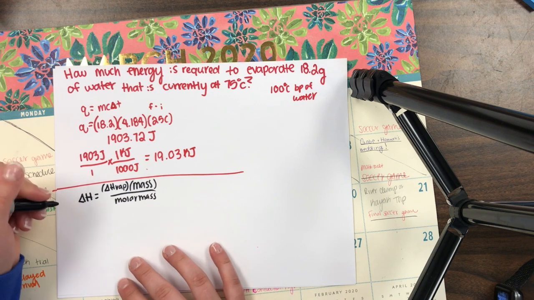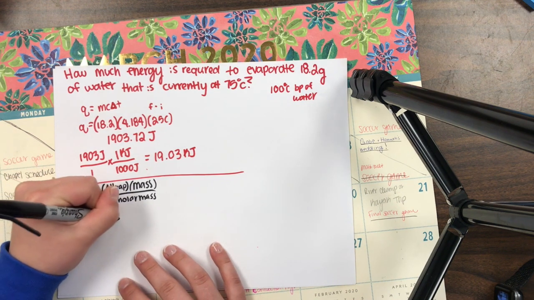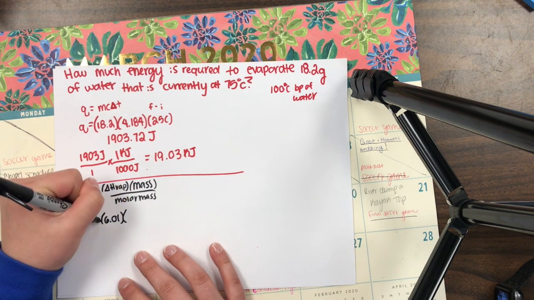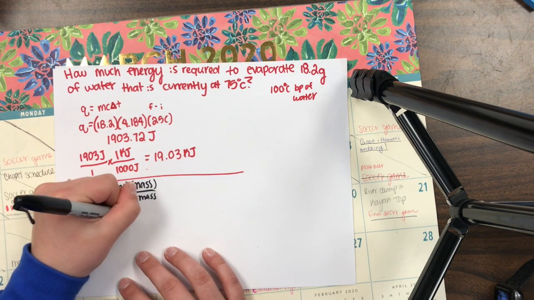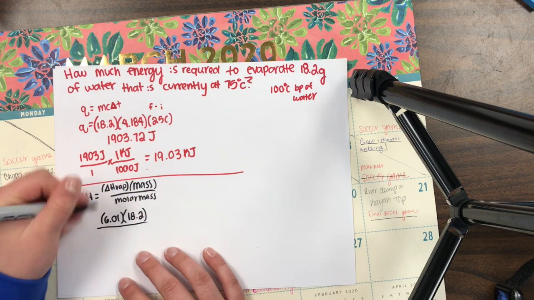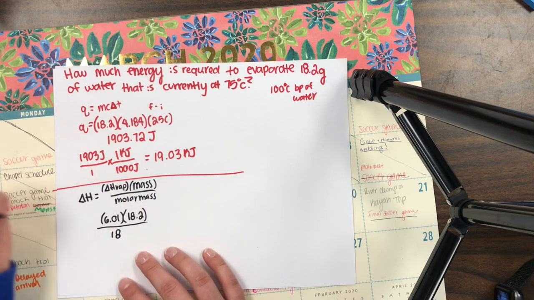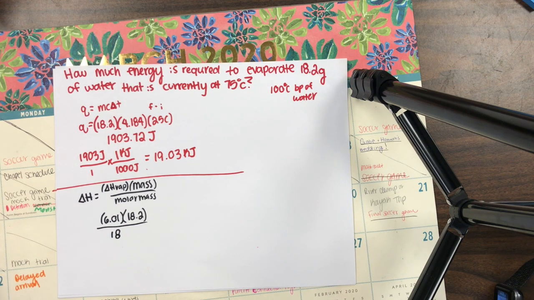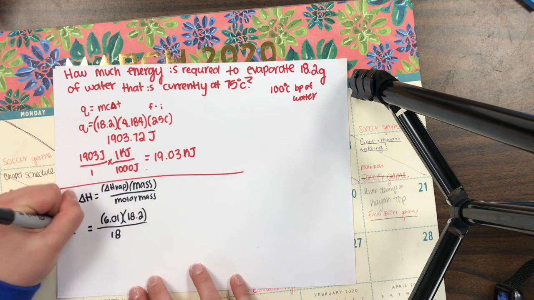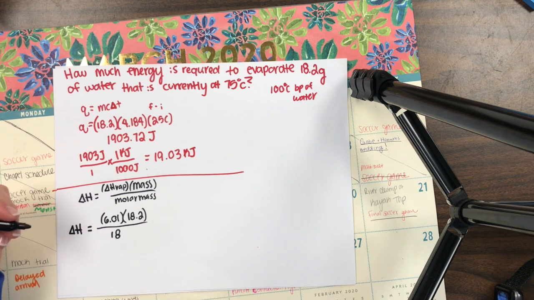So my delta H of vaporization for water is 6.01. You need to memorize that number if you don't know it. The mass of water that's given to me is 18.2 grams. My molar mass is 18, and molar mass of water, I got that from the periodic table. I added 2 hydrogens to 1 oxygen. So this gives me the delta H for turning all of that into steam.